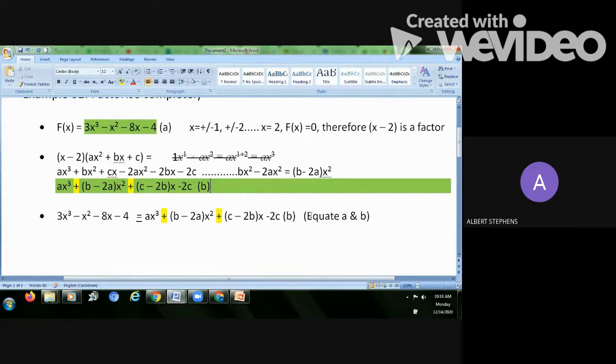Nothing should be there. Sorry about that. What I did was to label this A, and I label this B. And it's equate A and B.